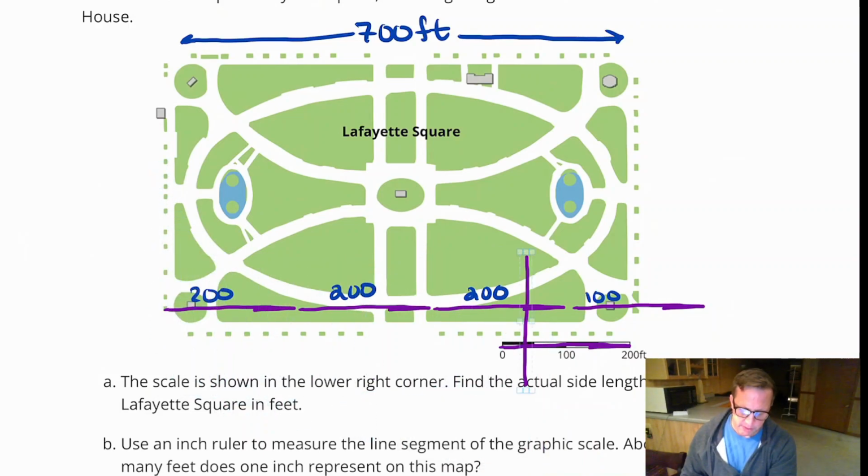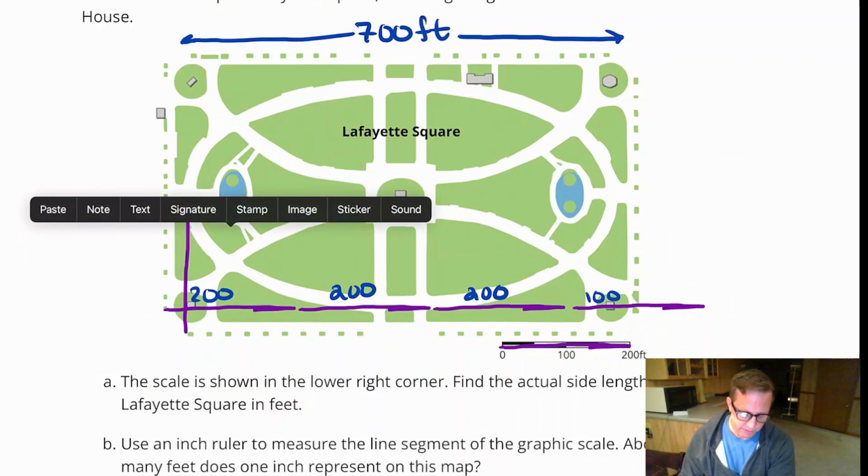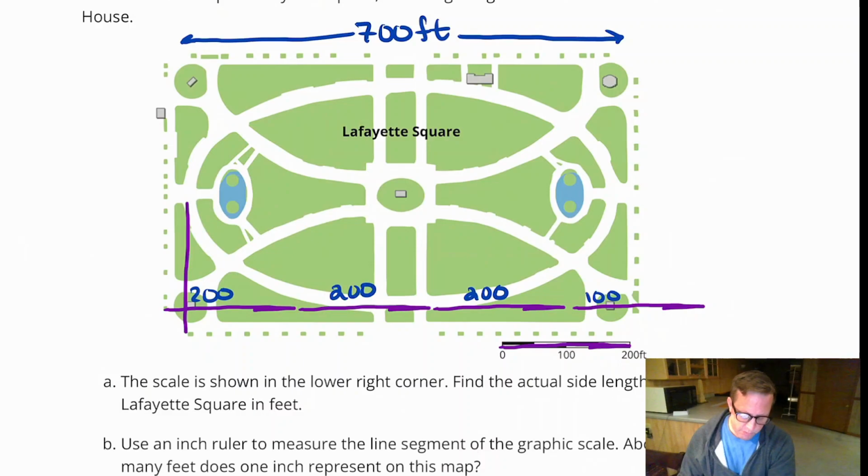All right, and then I'm going to measure the other dimension of this garden. So from here, that's 200 feet. Oops, let me copy that, paste it.